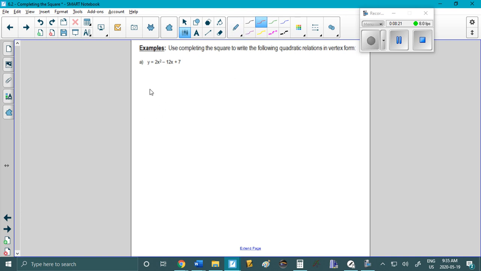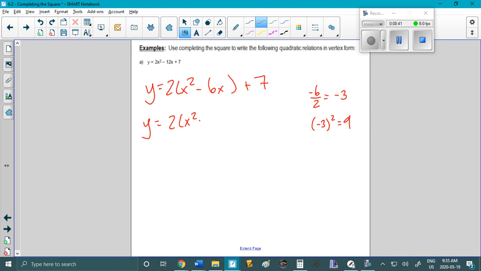All right, hopefully you paused and tried it. If you didn't, we take 2 out of the first 2 terms. Now we take negative 6, we divide it by 2. We get negative 3, and then we square it, and we get 9. So y equals 2 x squared minus 6x.